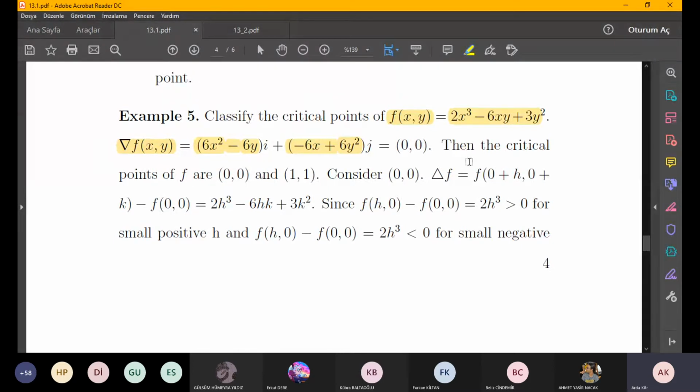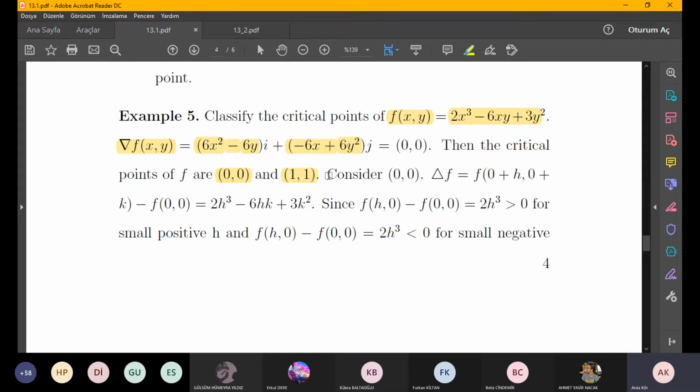So the critical points are where the gradient is 0. If you solve the equations, the critical points are those two points, (0, 0) and (1, 1).